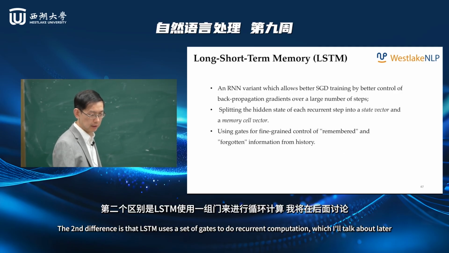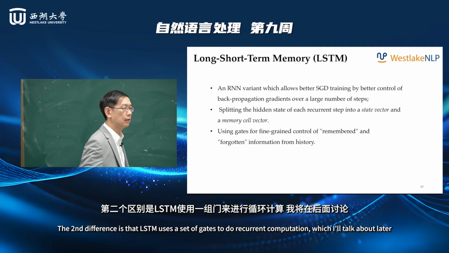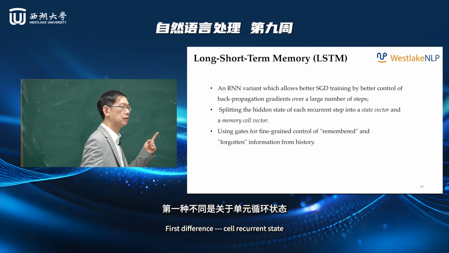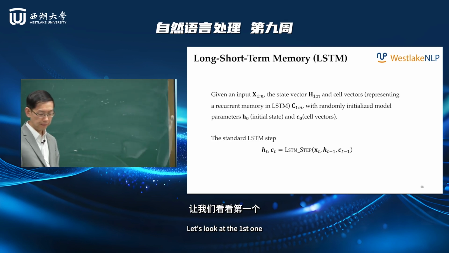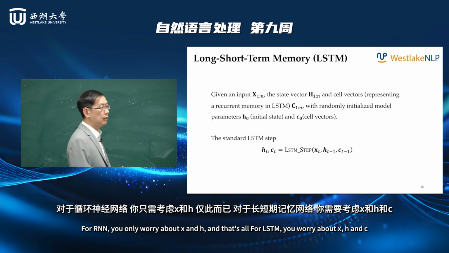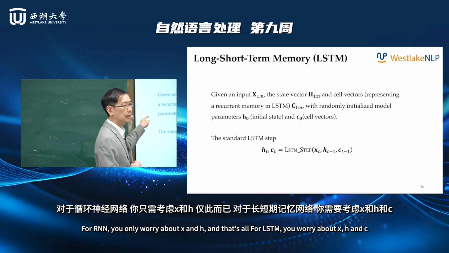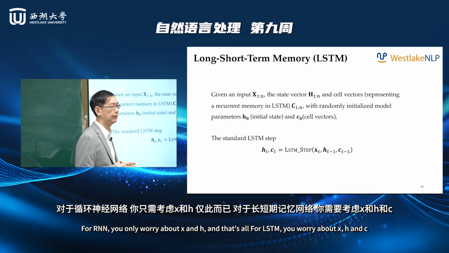The second difference is that LSTM uses a set of gates to do recurrent computation, which I'll talk about later. First difference, cell recurrent state. Second difference, the use of gates. For RNN, you only worry about X and H, and that's all, right?